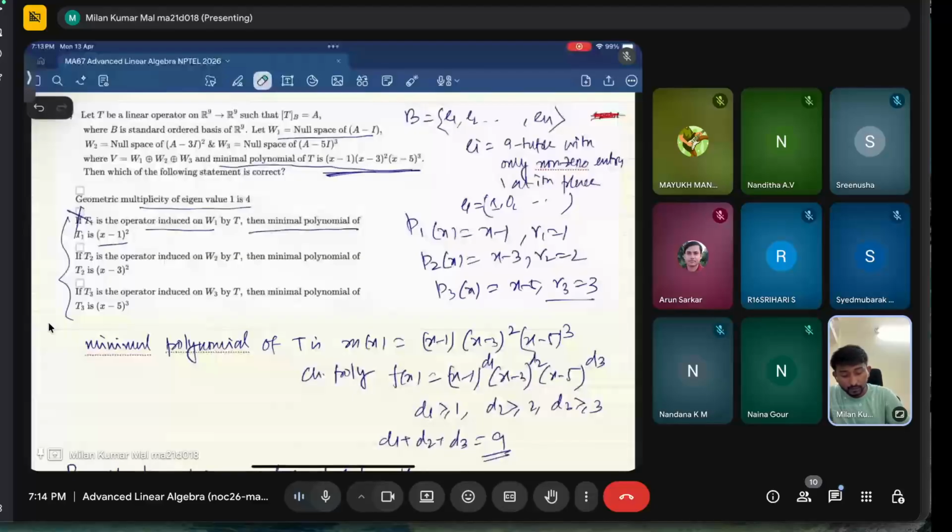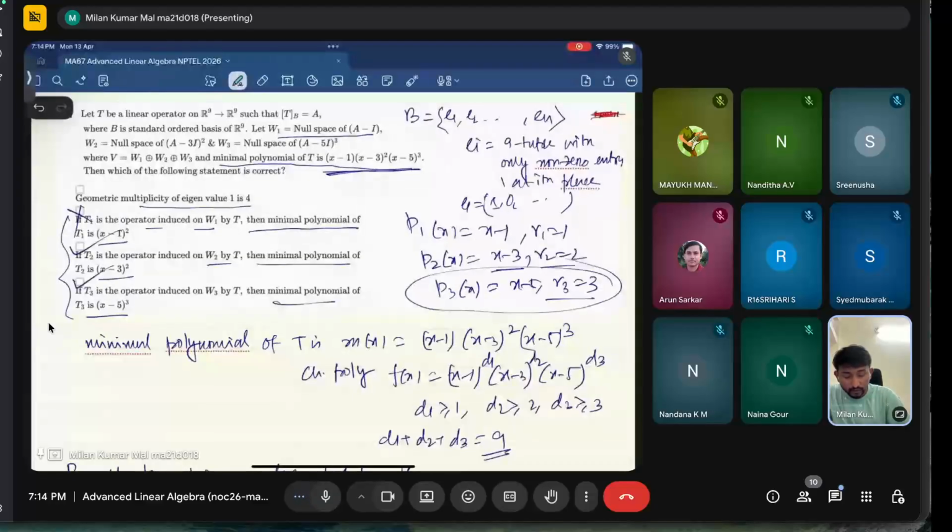Let's recall: the geometric multiplicity of an eigenvalue c_i is the dimension of the null space, that is the kernel of T minus c_i identity. And the algebraic multiplicity is the degree of the factor x minus c in the characteristic polynomial, not the minimal polynomial.